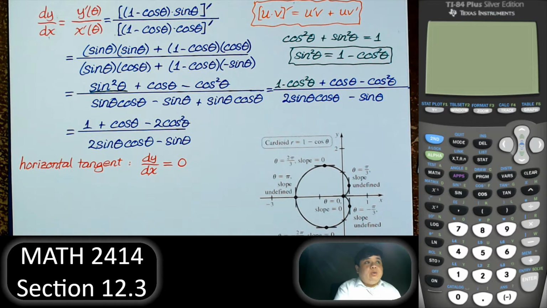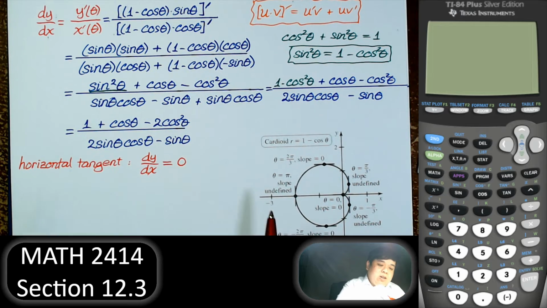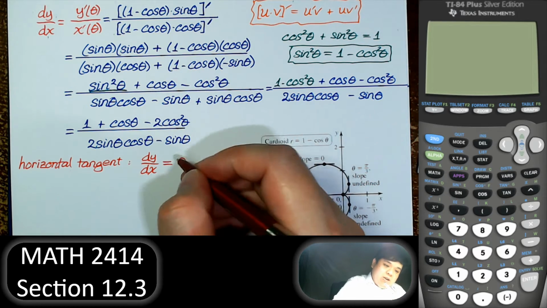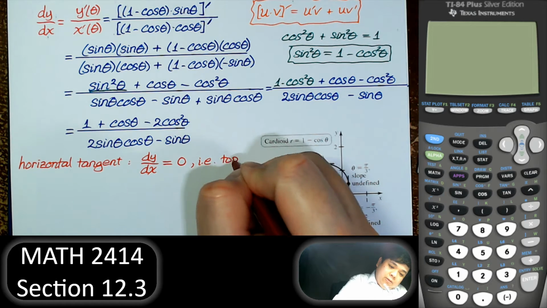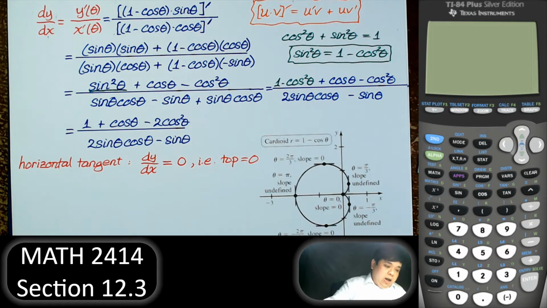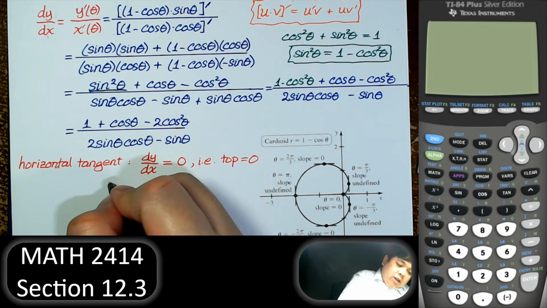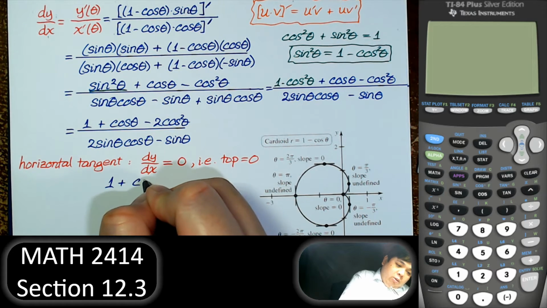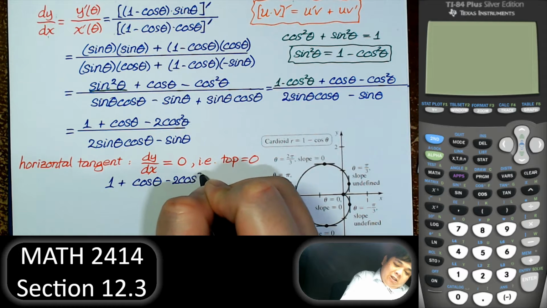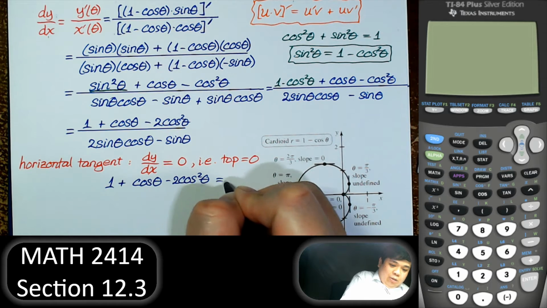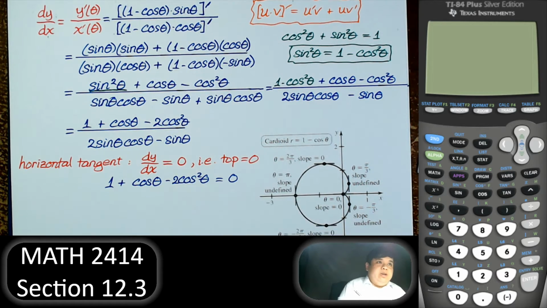If derivative equal to 0, we have a quotient. That means the top is equal to 0. Which means we will solve for this. I won't have enough space to do it. But we solve that equal to 0.